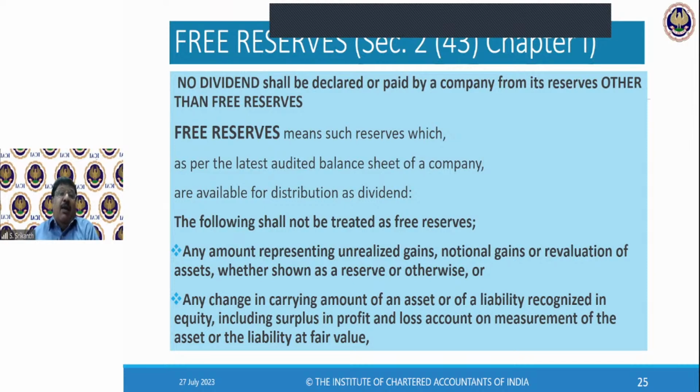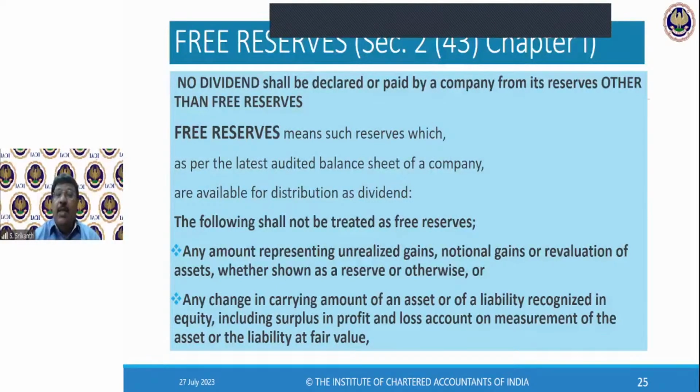Any change in carrying amount of an asset or liability recognized in equity, including surplus in P&L account on measurement of the asset or liability at fair value. See, the cost may be different from fair value. In many cases, under the accounting standards, you have to represent the asset or liability at a fair value or the discounted value or whatever.